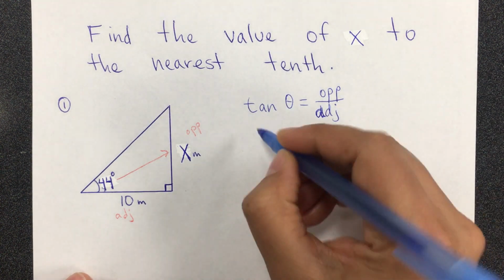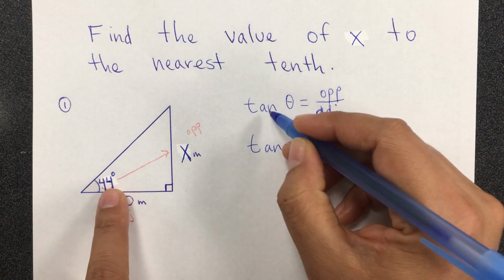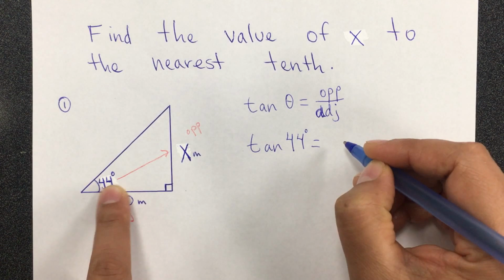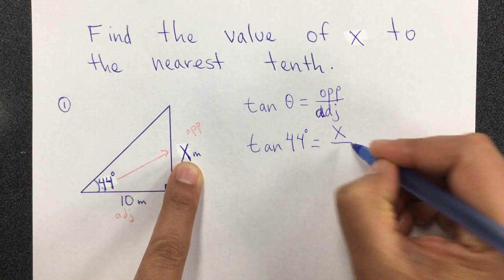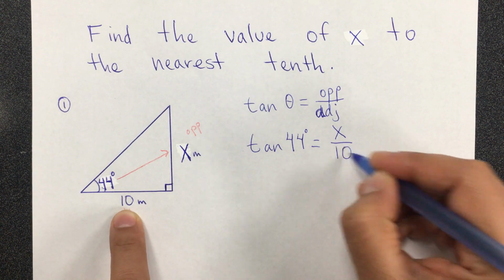And so we're going to replace: tangent of 44 degrees is equal to, opposite is x, adjacent, we already labeled it, that is the 10.